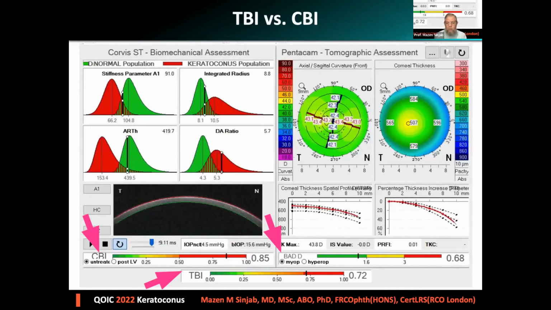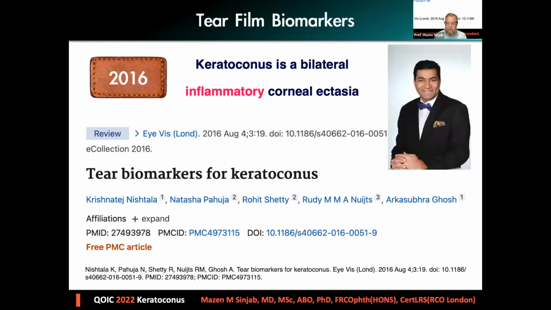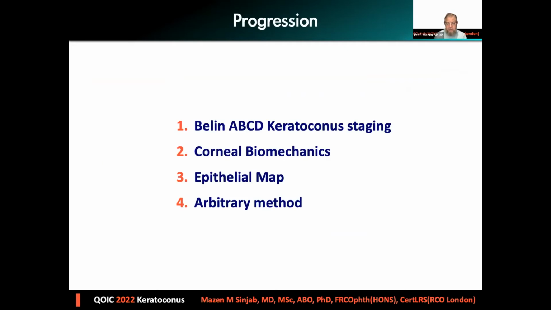It's a very helpful one, and according to that, we can detect any changes in the cornea. Very recently, Rohit Shetty came with the tear biomarkers for keratoconus, and he proved that keratoconus is an inflammatory disease rather than the old definition as a non-inflammatory disease.